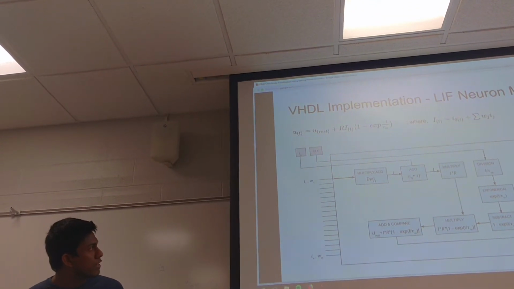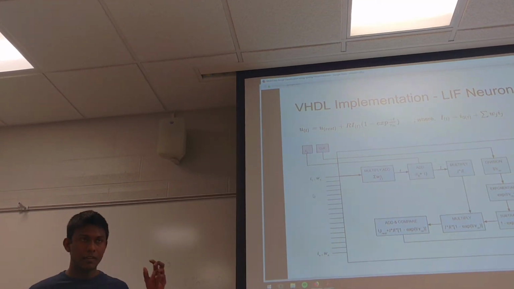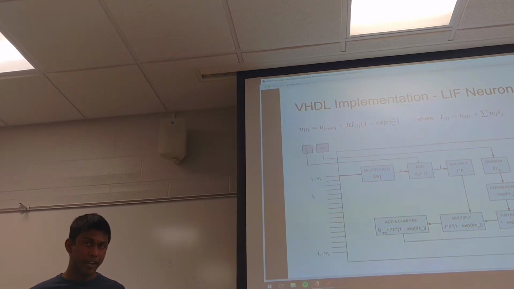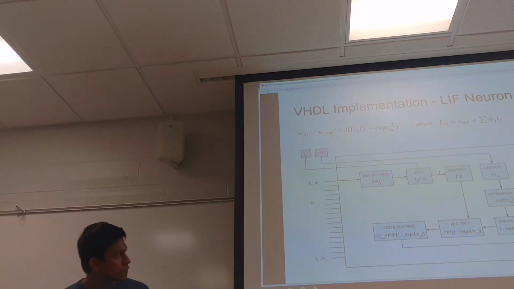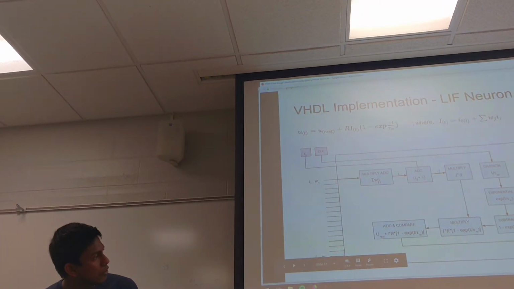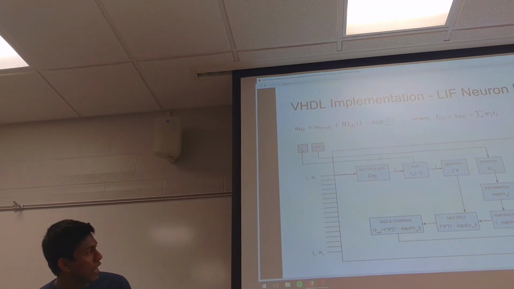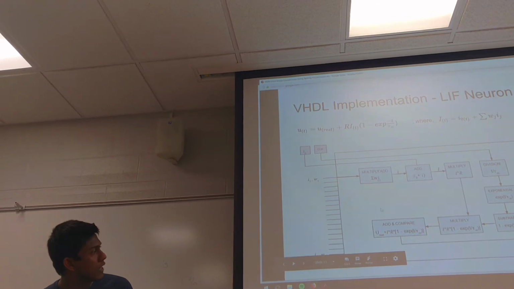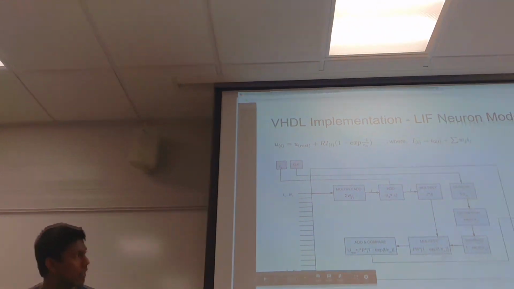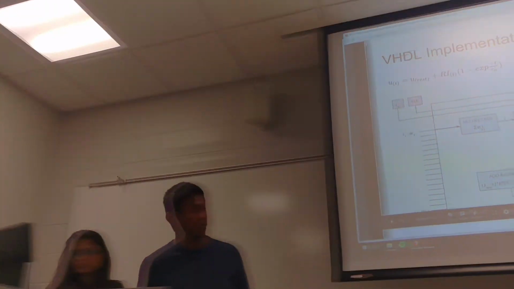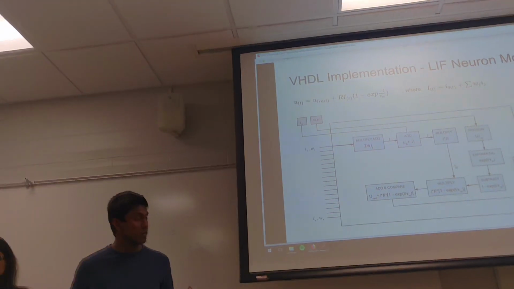For these other parts, since these values initially come from rates, we can make those rates integers. Then we multiply all of these things together, add, and compare this whole part with the threshold potential, and if it exceeds the threshold potential, we emit a spike. So this is basically the neuron implementation, and I will be responsible for this part.